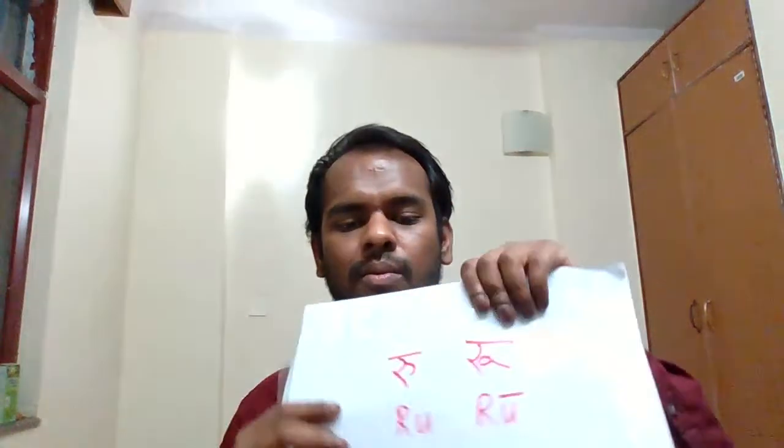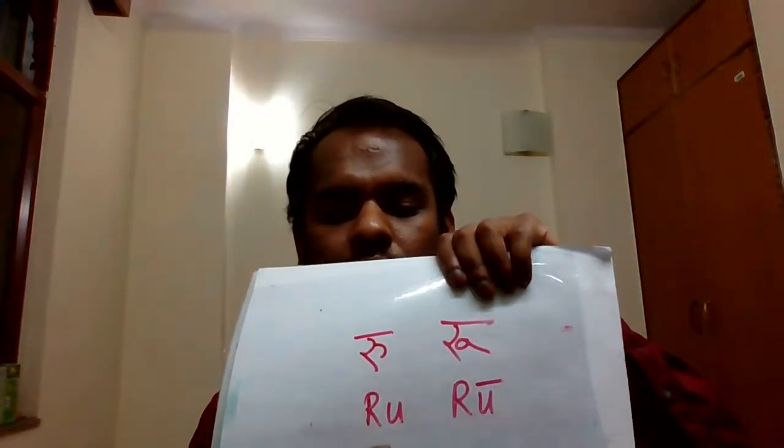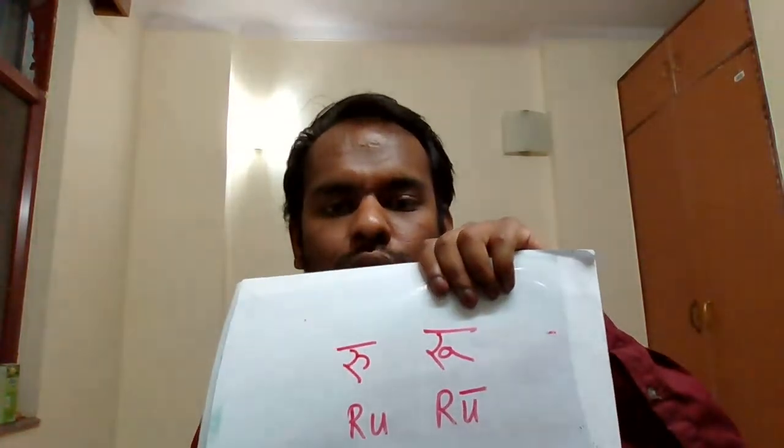Oh, had I explained it in tutorial 25? Or maybe I explained it in the Spanish lesson and didn't explain it in the English lesson, or was it vice versa? Or I have explained in both, I don't remember. So let me tell it once more. This is the short U, ru, and this is the long ru.